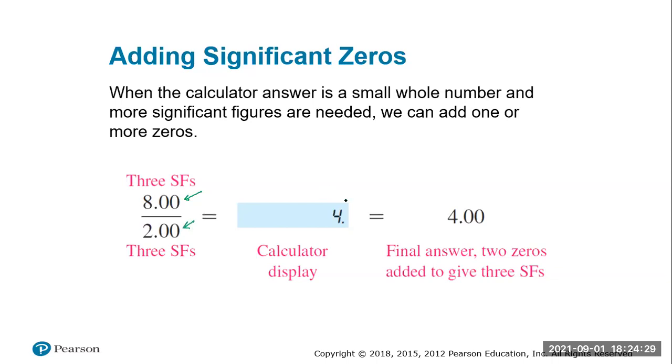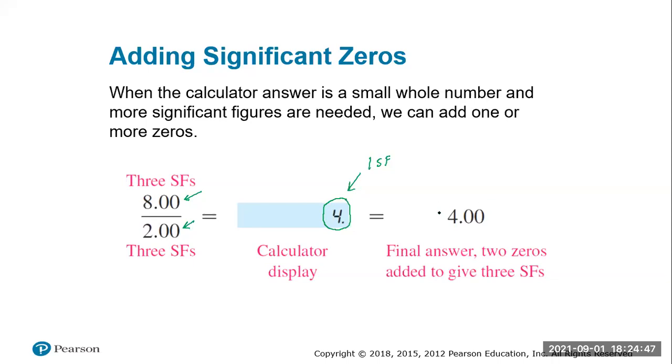As was the question just a second ago, this is very common. Your calculator may just give you a 4, which obviously is not the correct number of significant figures. If you just reported 4, it would have 1 significant figure. But we know from what we've been talking about that we actually need 3 significant figures.